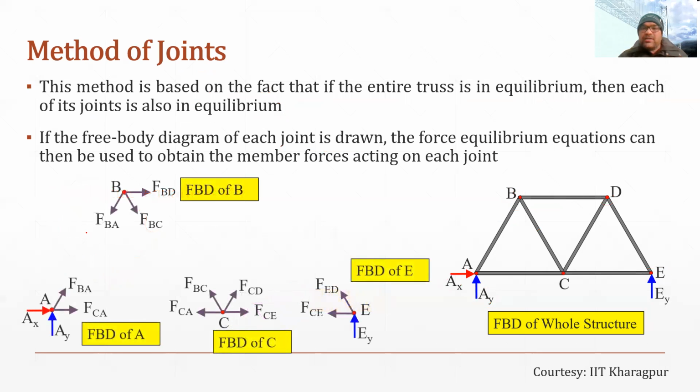Similarly, if we look at the free body diagrams of other joints, you can see here this is the free body diagram of A. In the joint A you can see the two reactions, and the force in member CA and the force in member BA are being shown.